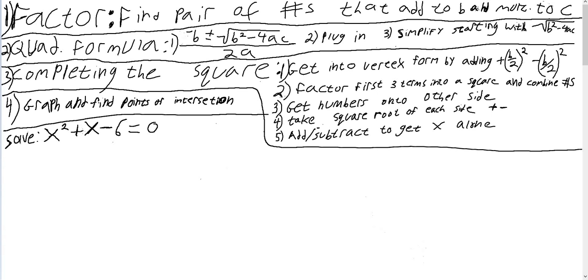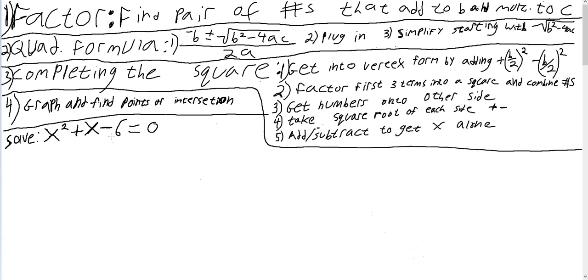Okay, so over here our b is 1 and our c is negative 6. So we need to find a pair of numbers that add up to 1 and multiply to negative 6. Pause the video and try to do it yourself. The easiest way to go about this is first find all the pairs that multiply to the last term.